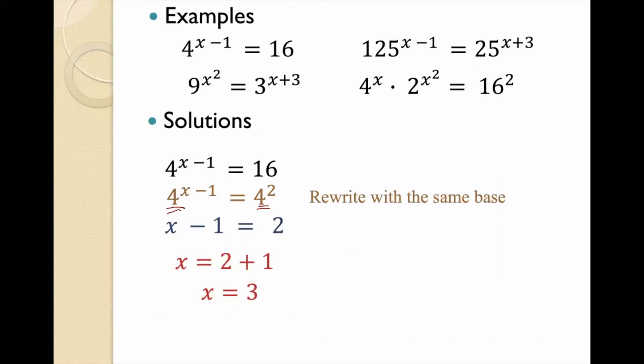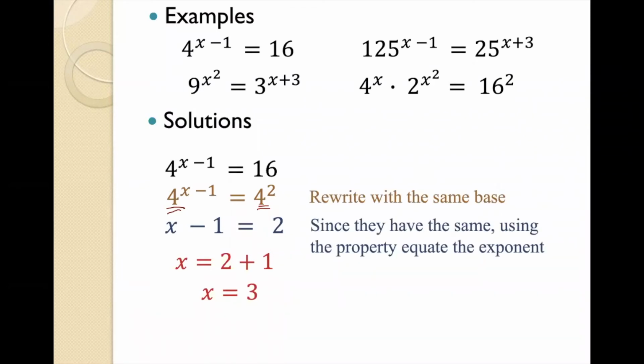And then applying the property, since they have the same base already, we simply equate the exponents and solve for x. So here, since the base is already 4, based on the property, solving for x, we have x equals 3.